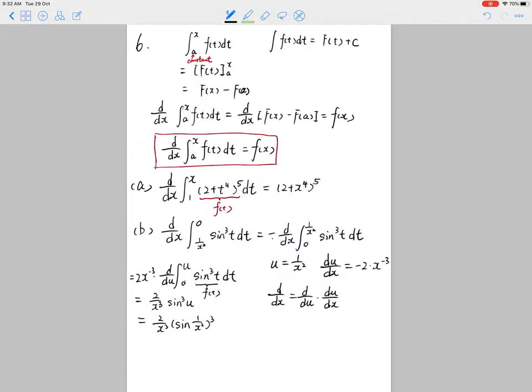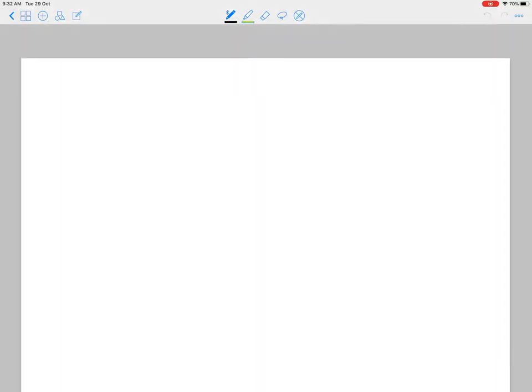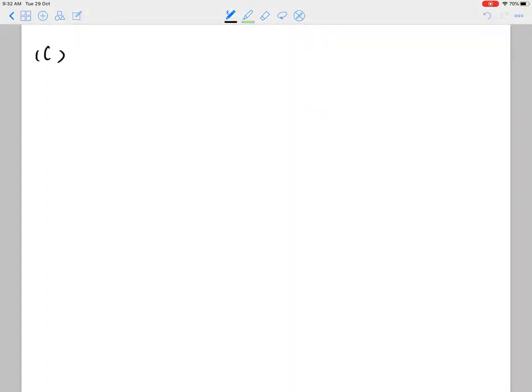So part C. This is from cosine x to 5x of cosine u squared. Again, let's write down the fundamental theorem of calculus.